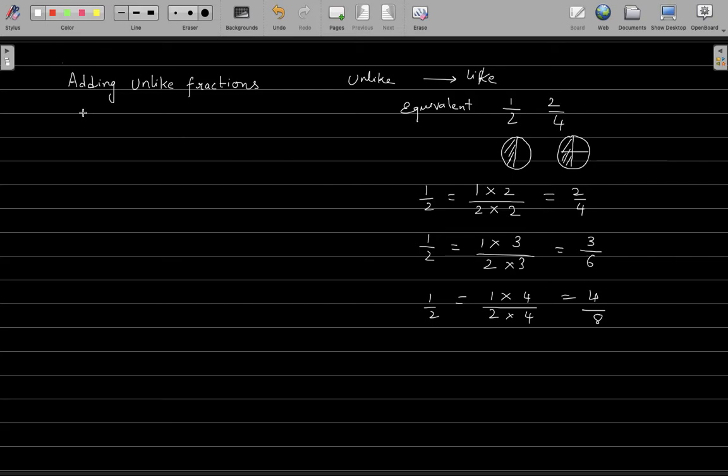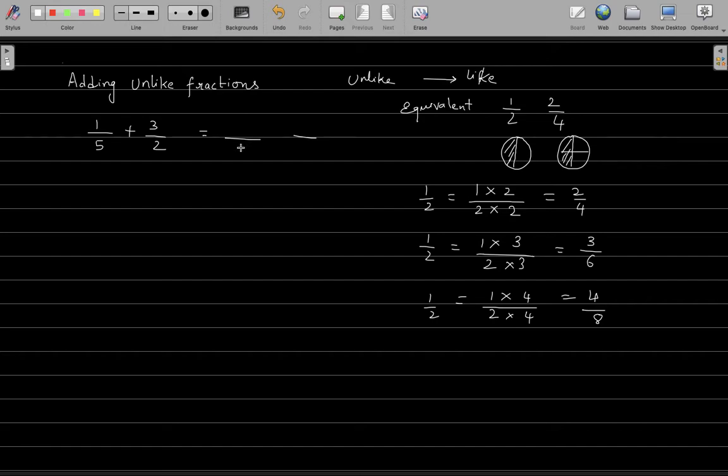Now suppose I give you an example of two unlike fractions. Let us say I have two fractions, 1 by 5 and 3 by 2. I want to add these two fractions. Now what is the trick here? We have to convert these unlike fractions into like fractions. That means we have to convert these two fractions into fractions which have the same denominator.